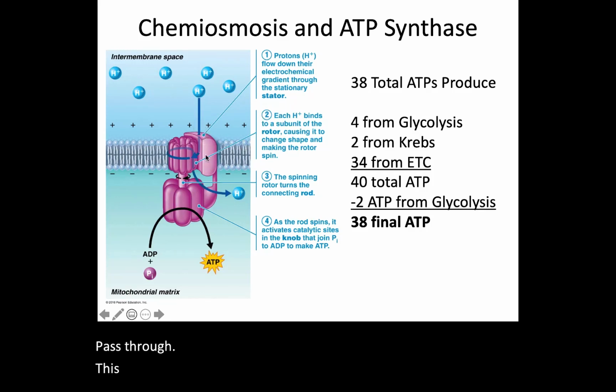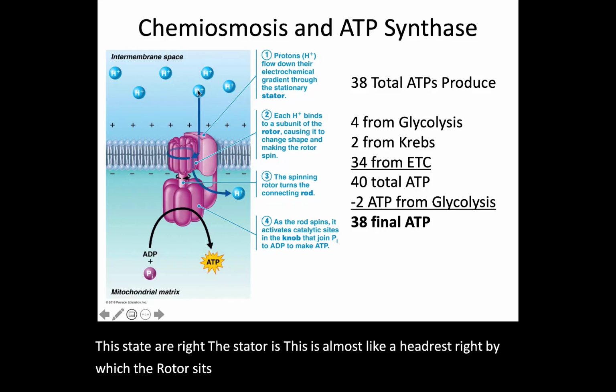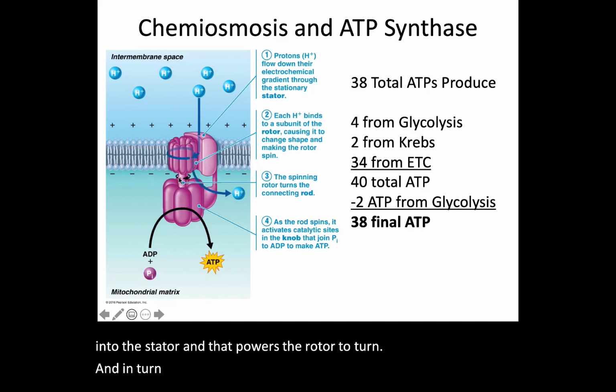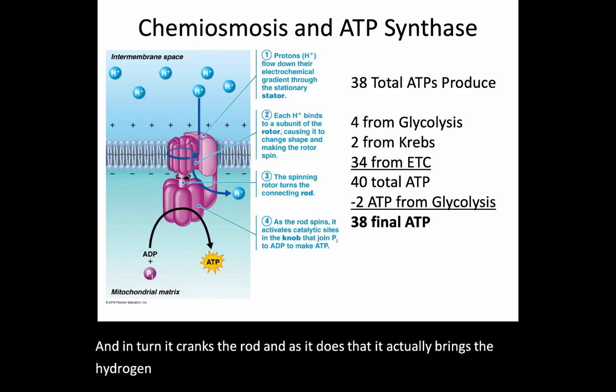This stator is almost like a headrest by which the rotor sits. And so the hydrogen protons come down here into the stator, and that powers the rotor to turn. And in turn, it cranks the rod.